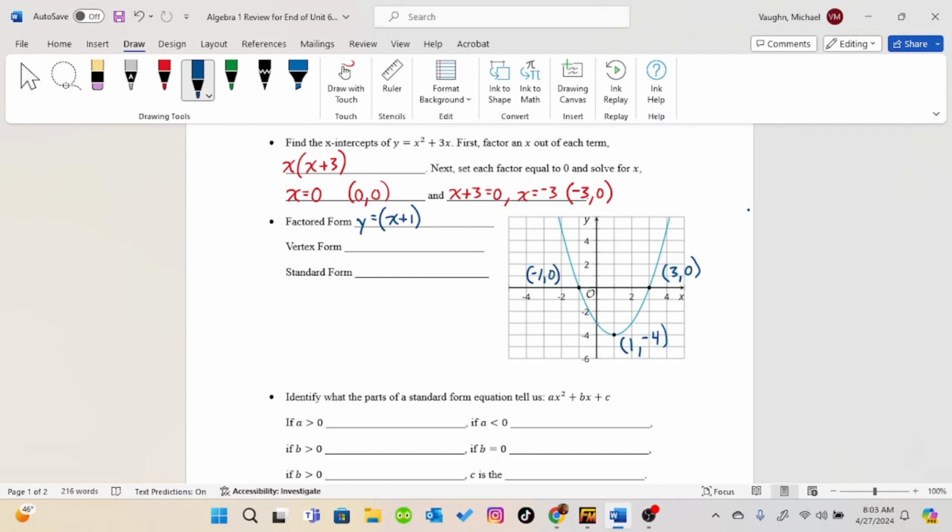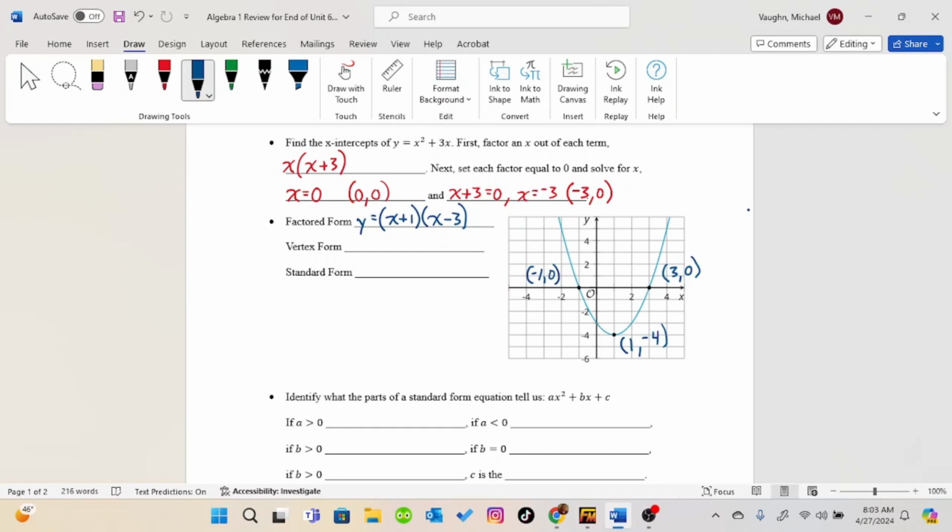Next, if I have an x-intercept at +3, then I must have a factor at x minus 3, because +3 minus 3 equals 0. So now we have the factored form of the equation.